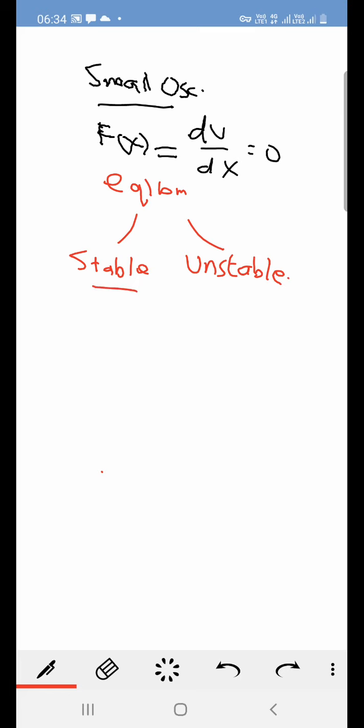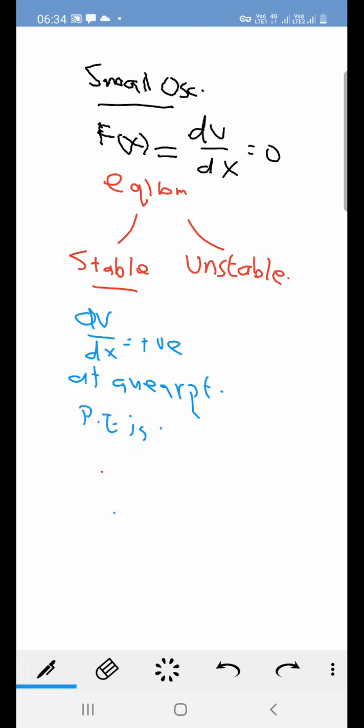Stable equilibrium is where the change in potential is positive at a neighboring point. So it means that the potential is minimum at that particular point. So you can say that P is a minimum. So any change will cause a positive change. The potential will rise up if there is any change occurring.